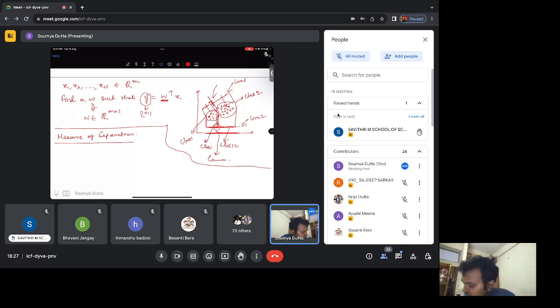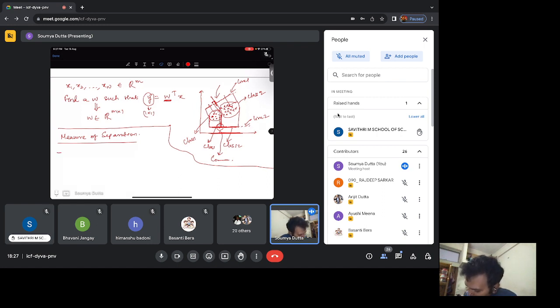So we will talk about the measure of separation being the difference of means of the two classes after projection. After we project all these points, we will calculate the means of both classes, and we will take the difference between the two. That will give us a measure of separation.